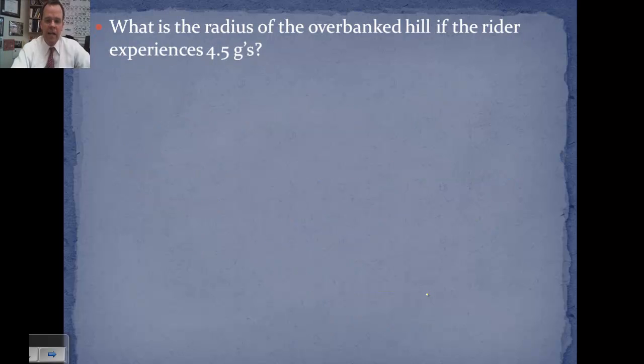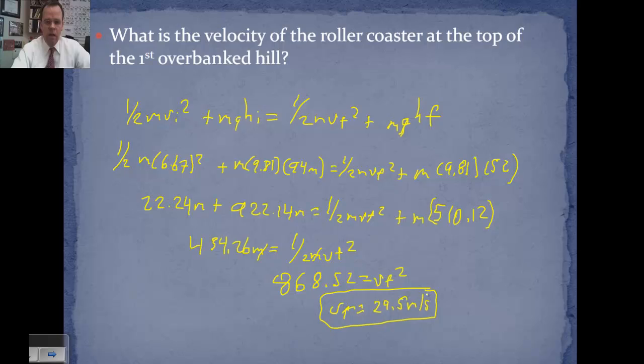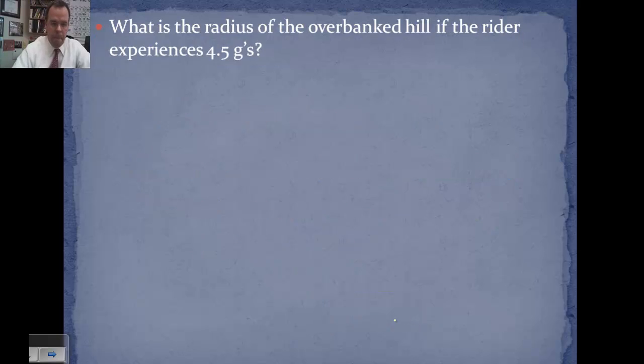Now, what is the radius of this hill if the rider experiences 4.5 Gs? So we know the rider has a velocity, which we found in the previous problem, of 29.5 meters per second.